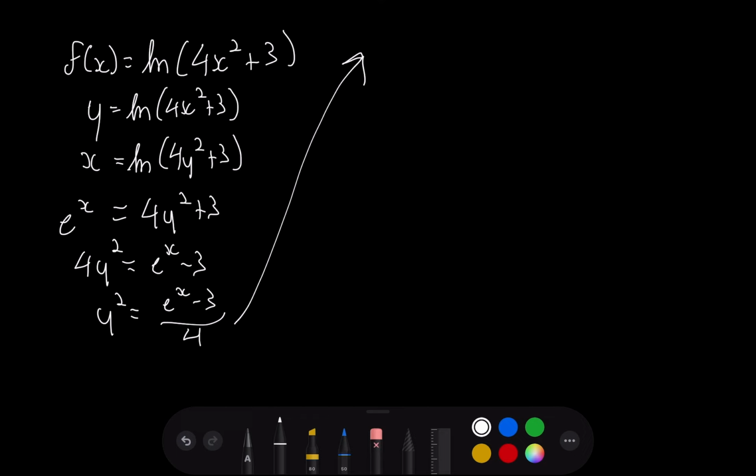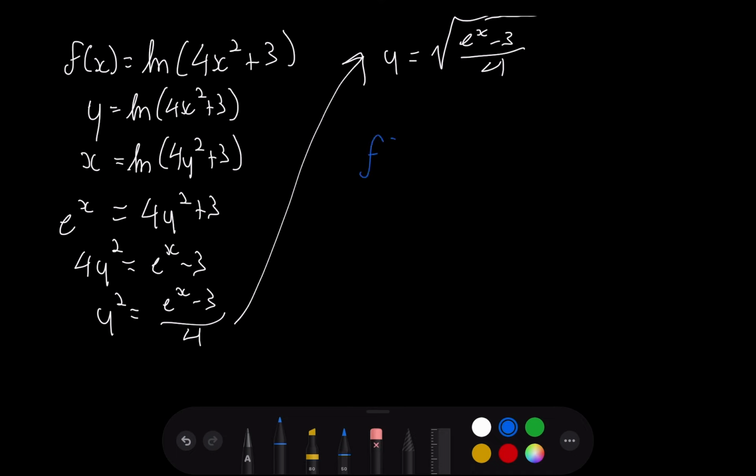So y is equal to the square root of e to the power of x minus 3 divided by 4. And this, of course, leaves us with the inverse of the function.